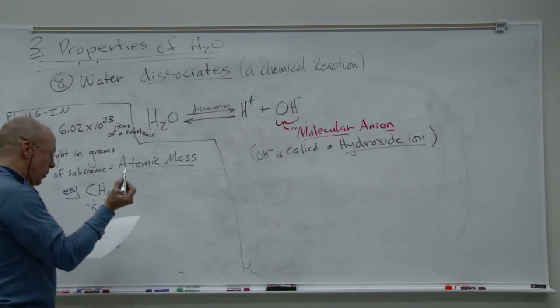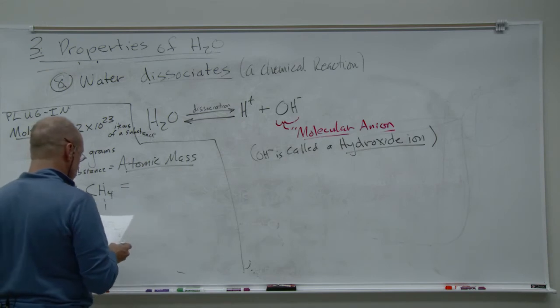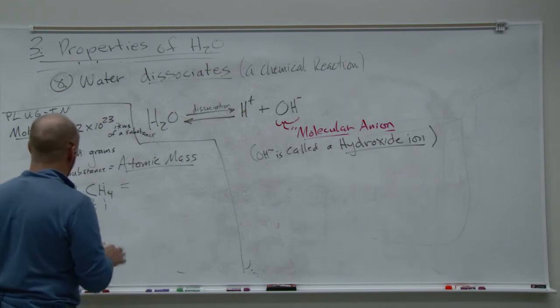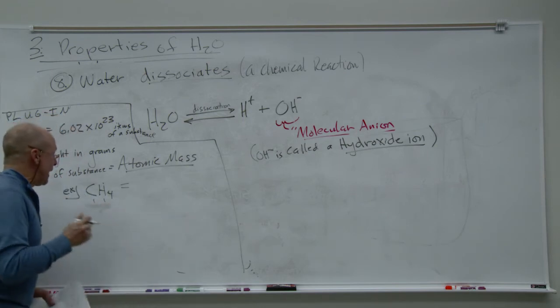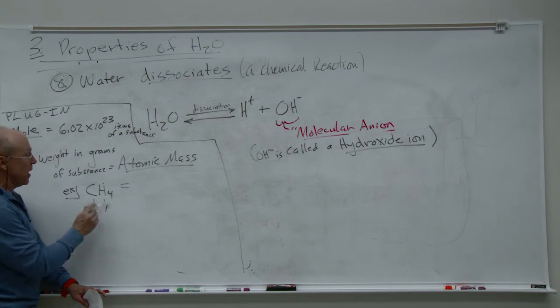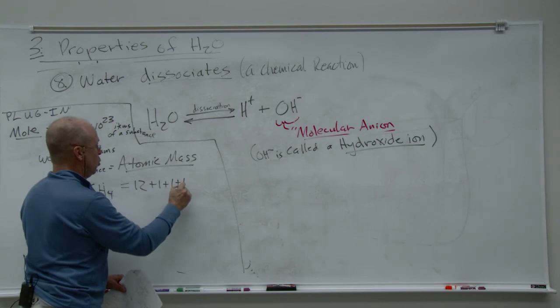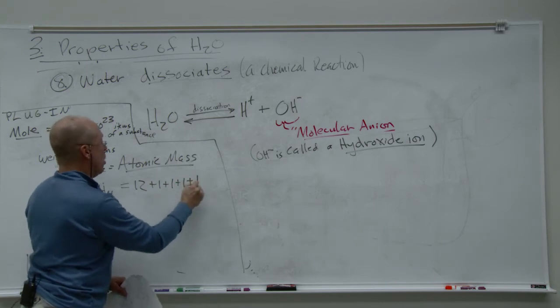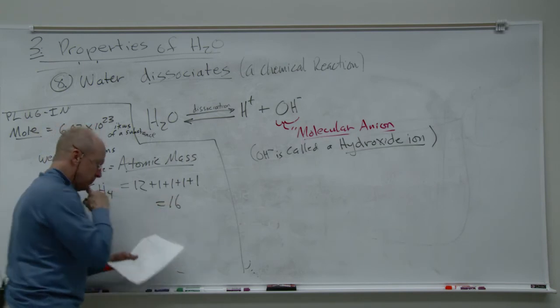So CH4 would be equal to carbon is 12. Remember, atomic number 6, but 6 protons and 6 neutrons. Hydrogen is 1, so 12 plus 1 plus 1 plus 1 plus 1, 12, 1, 1, 1, 1 is equal to 16.